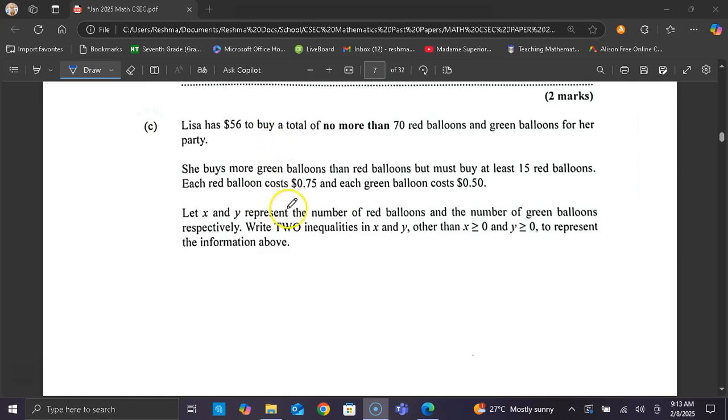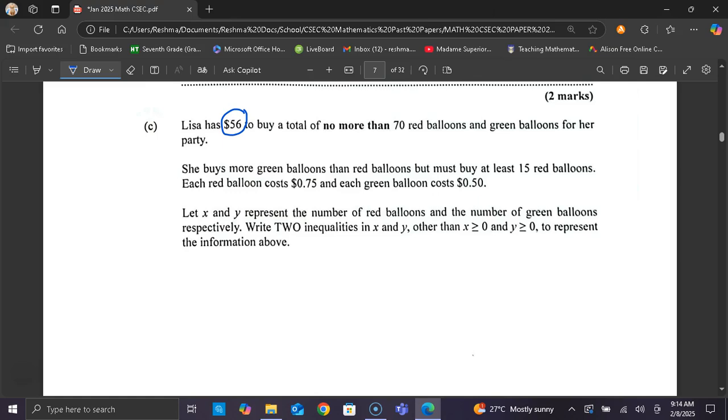Now, the information they gave us is a lot. We actually have 4 answers for this, right? But we only have to write down 2. So let's identify the different pieces of information they gave us. They gave us the total amount of money that Lisa has, which is $56.